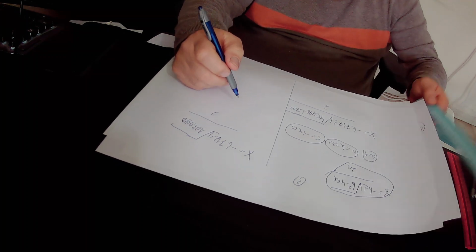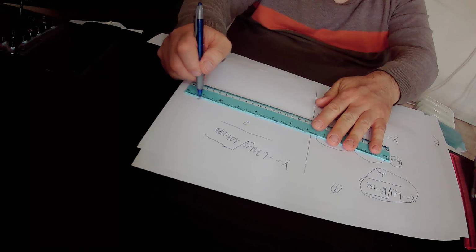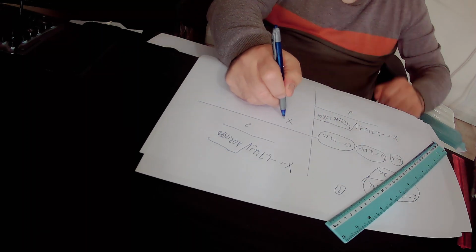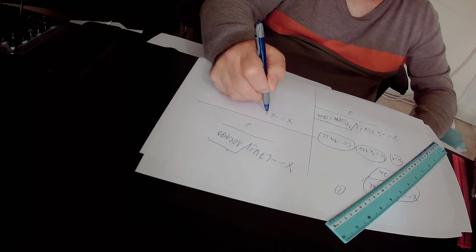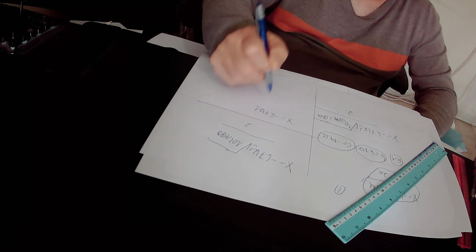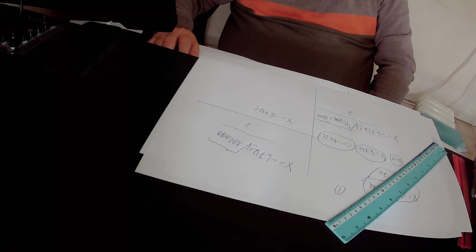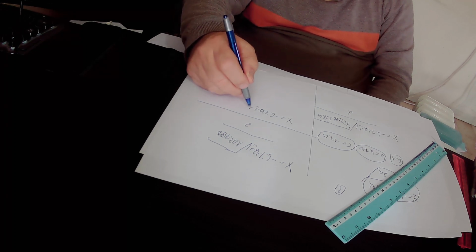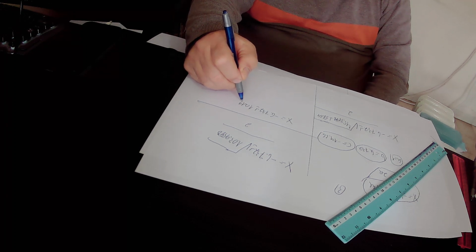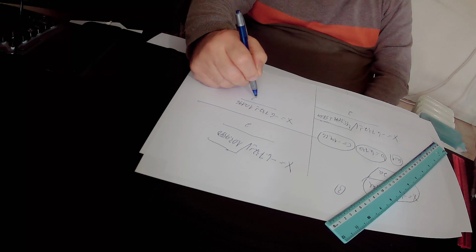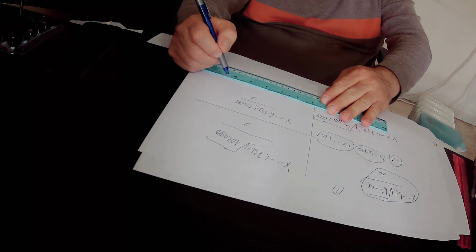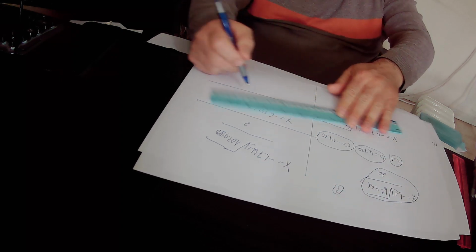So x equals minus 6.732 plus minus the square root of 103.9598, which equals 10.196, divided by 2. So here we have two solutions for x.